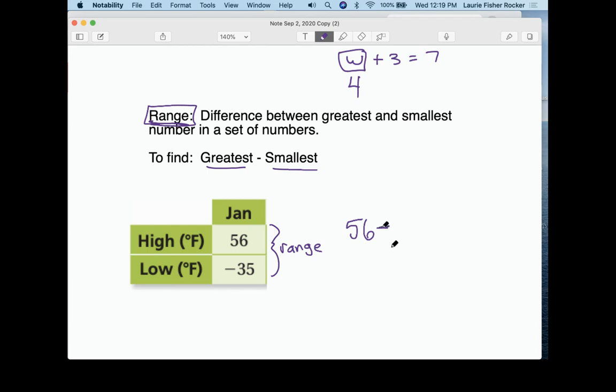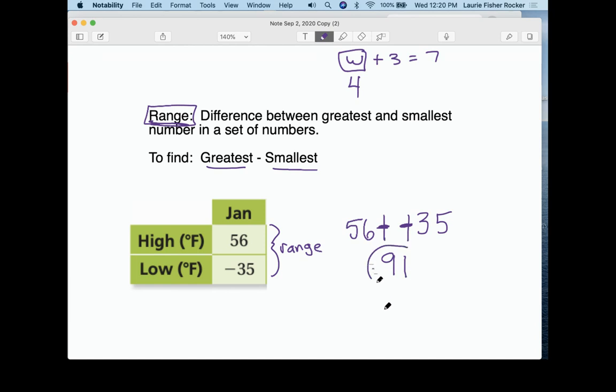The lowest number is negative, so -35. Now I'm going to do my 2 marks, add the opposite. So in this case, I end up adding the number because I had to subtract a negative. So 56 plus 35 is 91. So the range is 91.